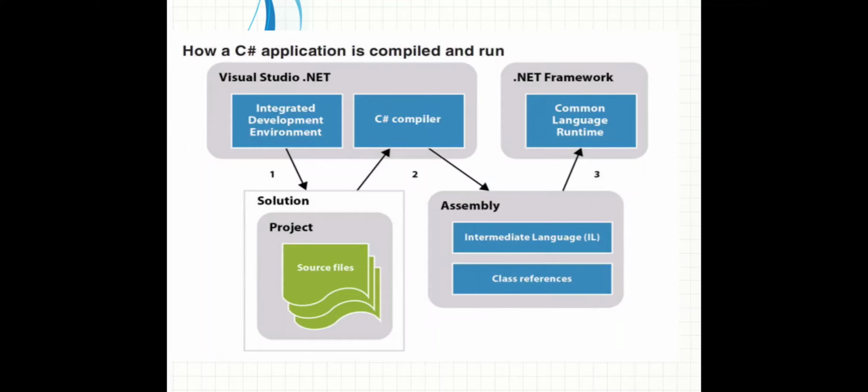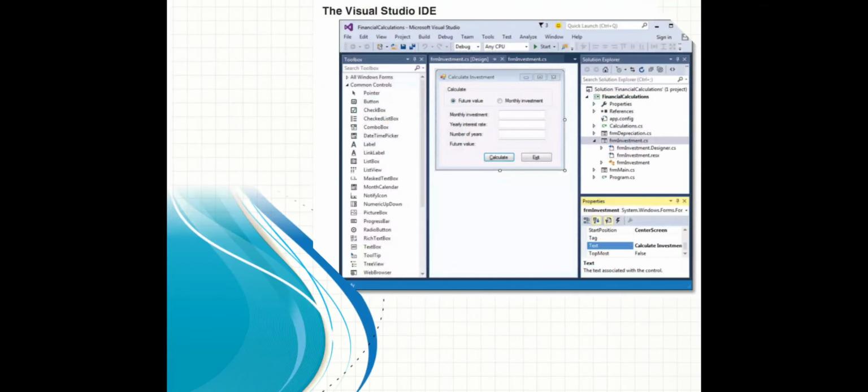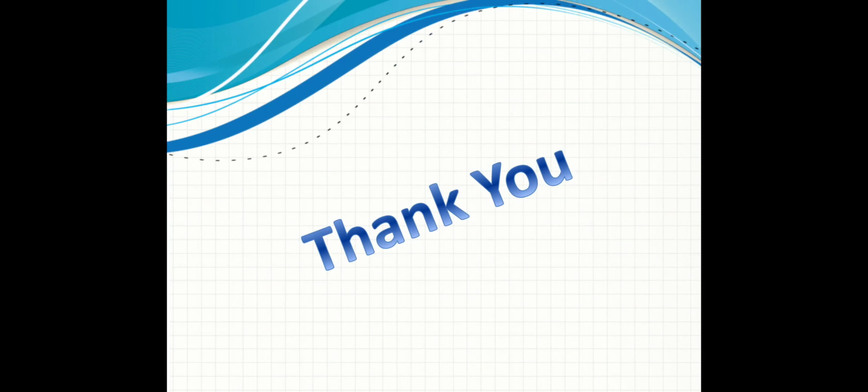After getting the IL code, the CLR converts the IL code into native machine code. That is the main function of the CLR. After conversion to native machine code, we can execute our program. So that is basically the architecture of the .NET framework. Thank you.